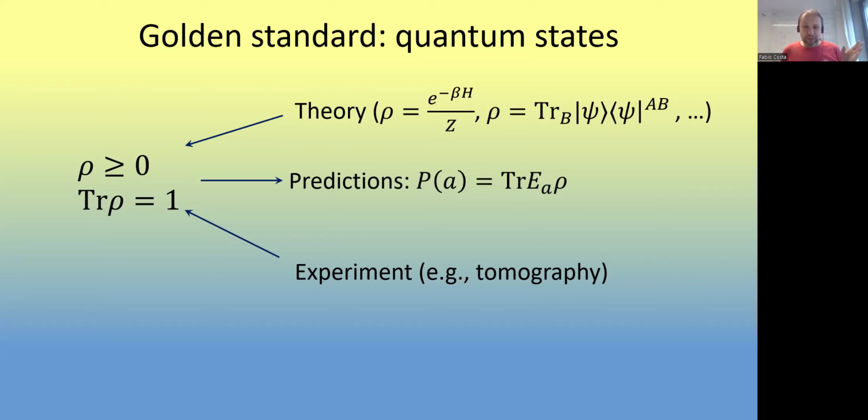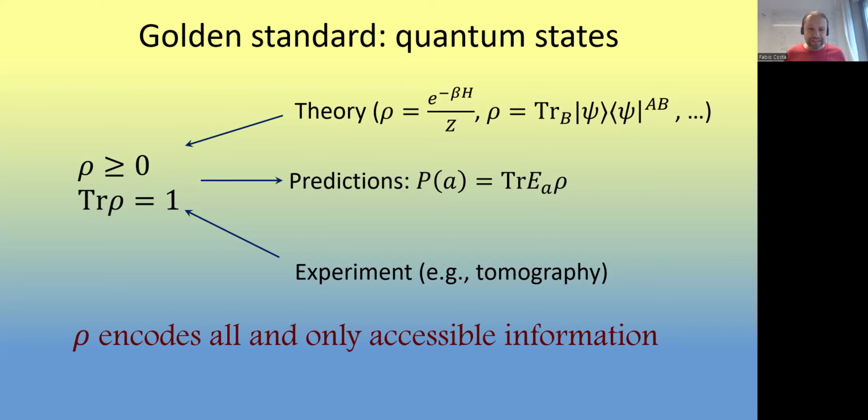If we can make arbitrarily many repetitions of the experiment, we can measure in a tomographically complete basis, and we can reconstruct the state purely from experiment without making any assumptions about the model. In this sense, the density operator encodes all and only the accessible information that we can have about the system, without talking about the environment or other degrees of freedom.